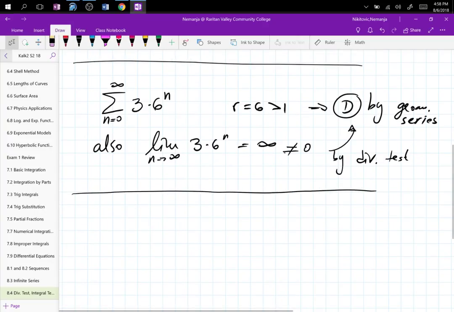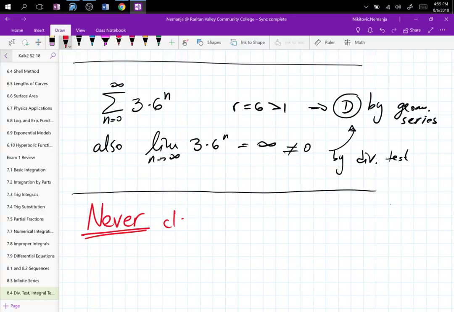So now, growth rate of functions could greatly help you figure out whether you have a divergent series. Or let me write this in blood: never claim convergence using divergence test.